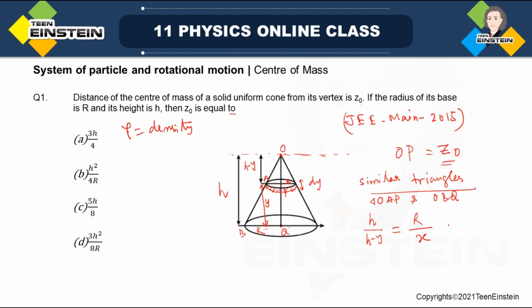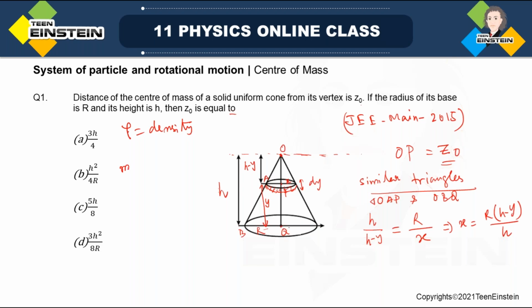From here, you look, we can get x is equal to (h minus y) into R divided by h. This is what we get, a relation between h, y and R with x. So I have got the radius of this disk.